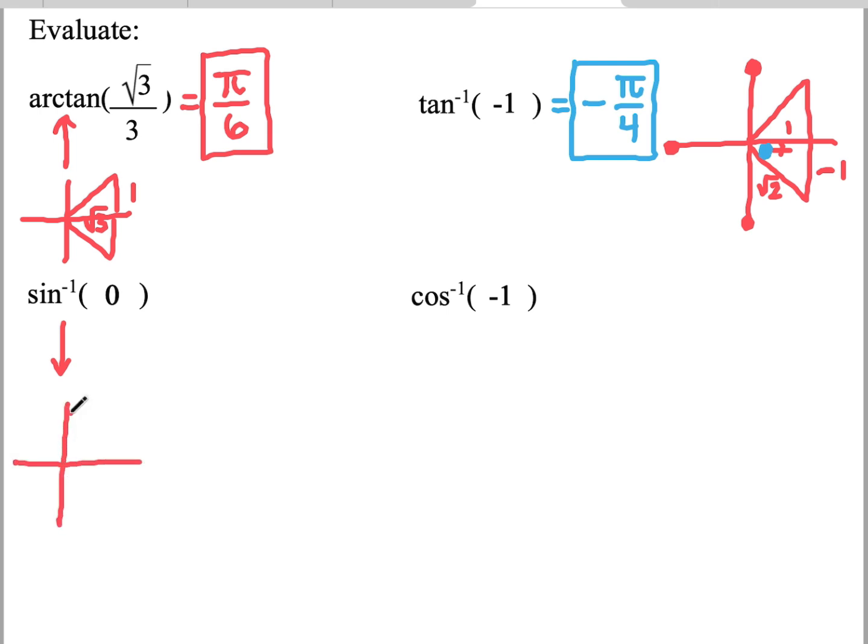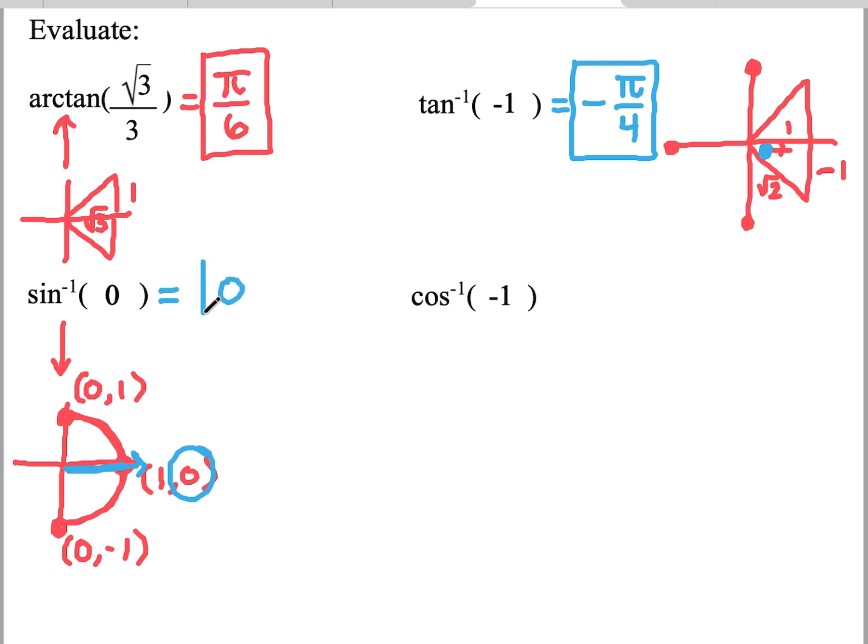Okay, well, in sine, I'm looking in these two quadrants, which means I'm only allowed to look at one of these points. Is sine the x or the y value? Sine is the y value. And so it's looking like the y value would be 0 right here. So our answer should be what angle that is. What angle is located right there? That would be 0 radians.